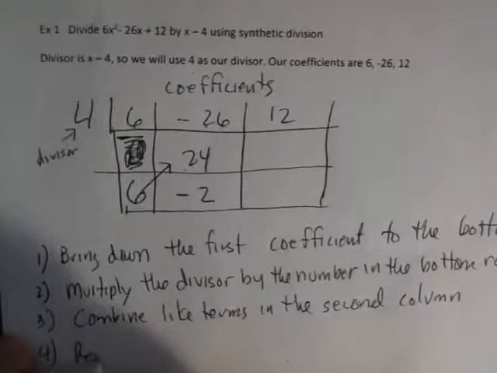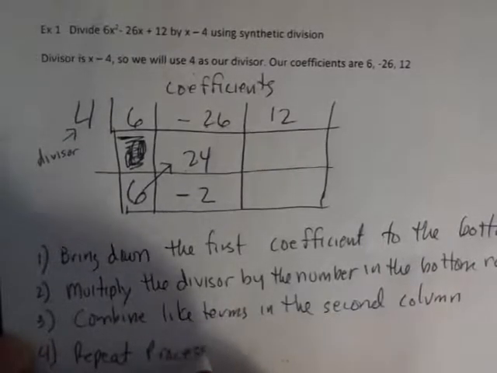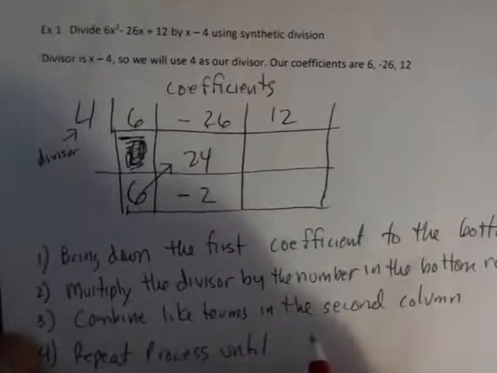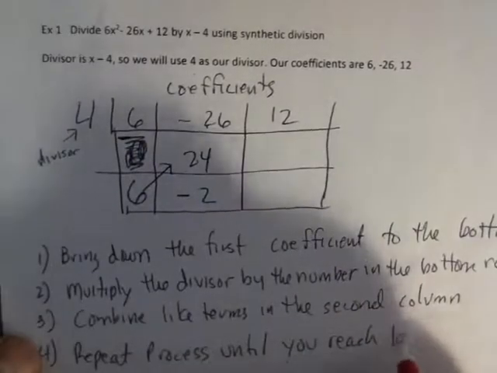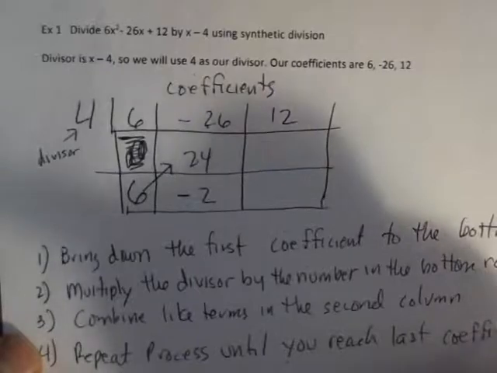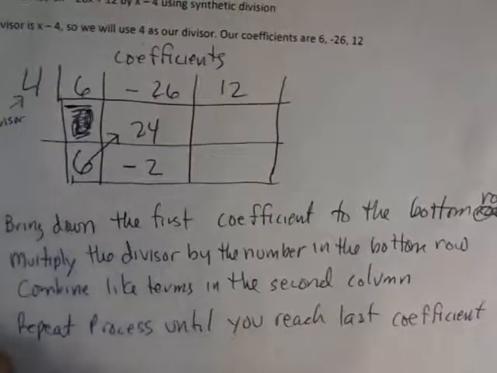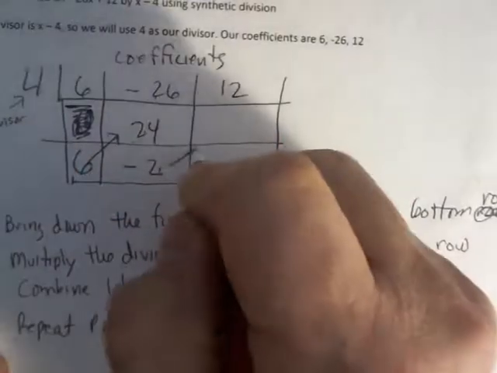And then you repeat the process until you reach the last coefficient, which in this case we only have to do one more time. So the process is I multiply the divisor by this number, so 4.